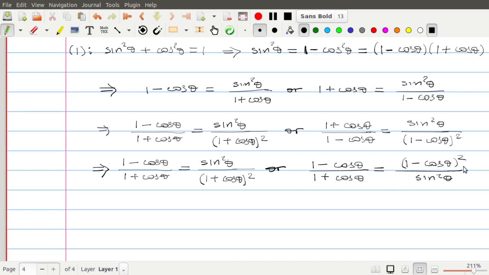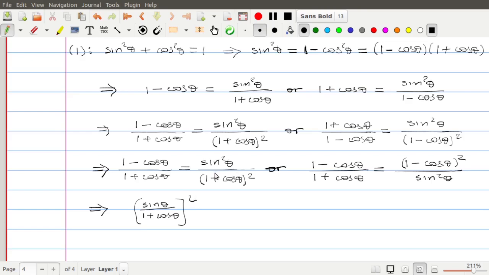Alright, so I have a square here and I have a square there. So we can write that in one go. This one is sine theta by 1 plus cosine theta all square.